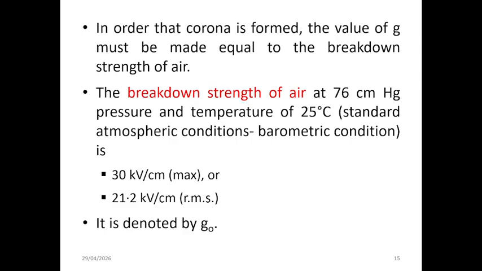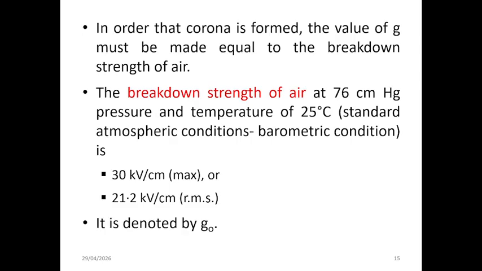The breakdown strength of air depends on atmospheric conditions such as pressure and temperature. Under standard conditions of 76 centimeter of mercury pressure and a temperature of 25 degrees centigrade, the maximum breakdown strength of air is approximately 30 kilovolt per centimeter.